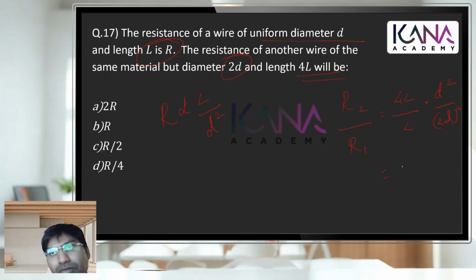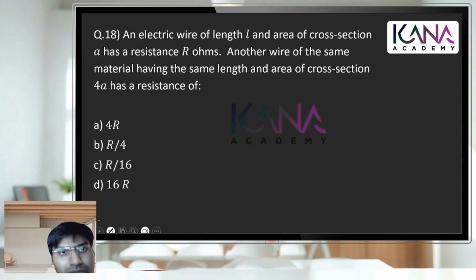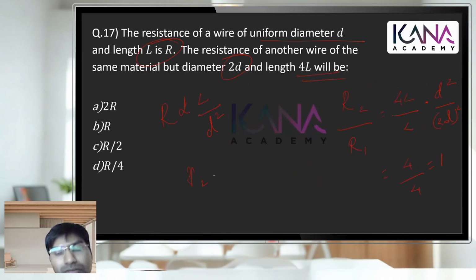So it's basically 4 by 4, that's nothing but 1. So R2 is nothing but R1, or R. So it will be option B.